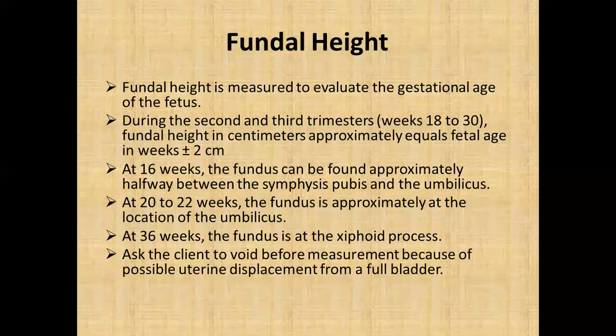So let's say you have used your tape measure and you measured the fundal height, and you had 28 centimeters. The 28 centimeters, we are saying that it is either plus or minus 2. The plus or minus 2 means that the fetus could be at 28 weeks, or it could be less than that by 2 weeks.